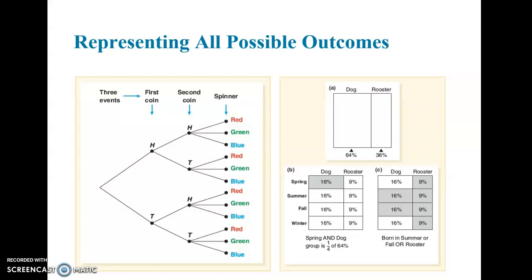What you might want to consider is, what is the probability you were born in the summer or fall, or that you are a rooster? In the shading for the example in figure C on the right, half of the students are born in summer or fall and 36% are born in the year of the rooster.